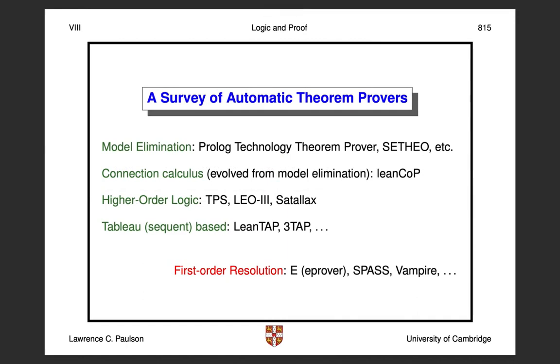So, looking at theorem provers that have been built, now here we're going kind of into the dark ages. It was around the early 90s when people were building theorem provers directly based on the reduction to Prolog that I showed you on the previous slide.